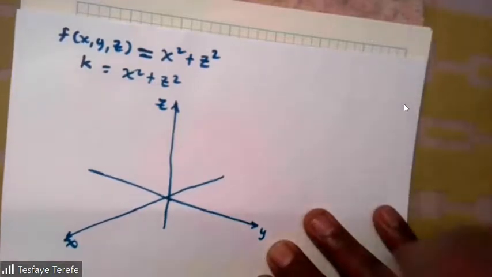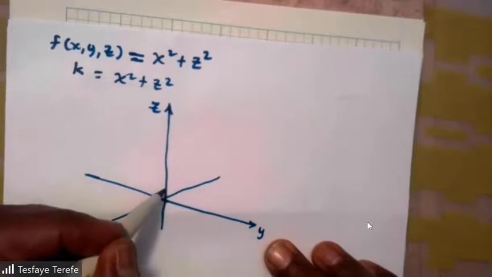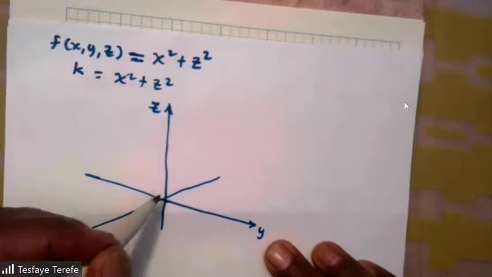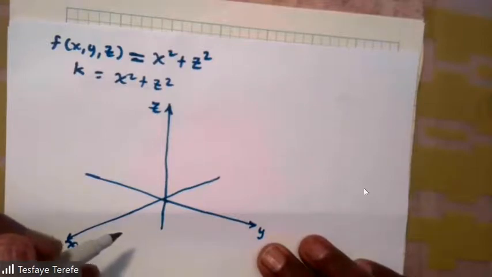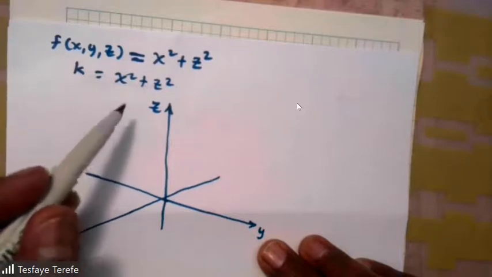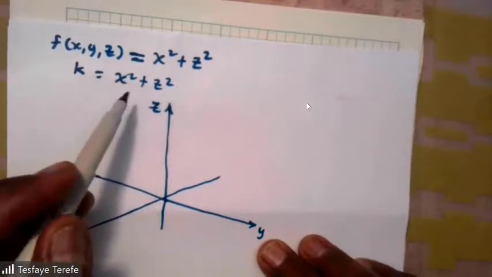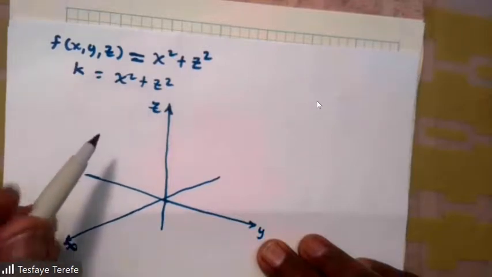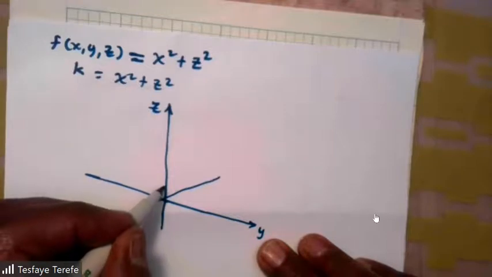So the first cylinder, you can draw starting by making the y value 0. Y value 0 means what? The XZ plane.